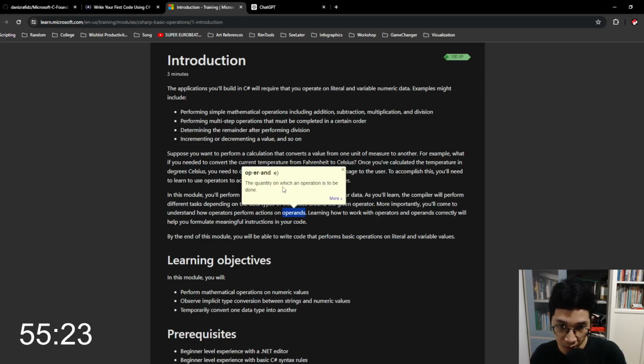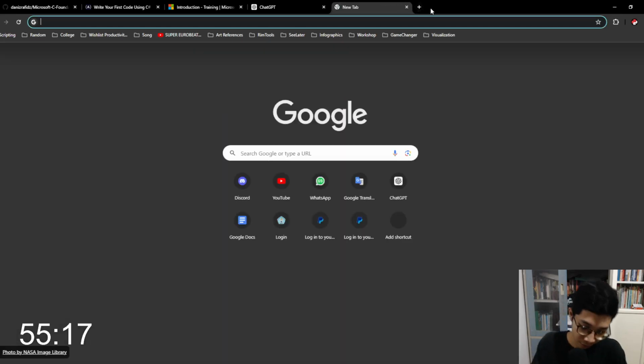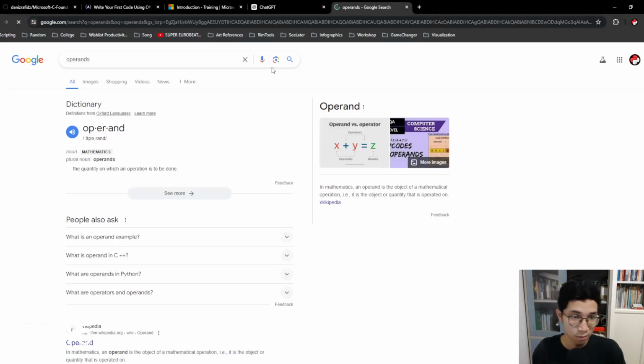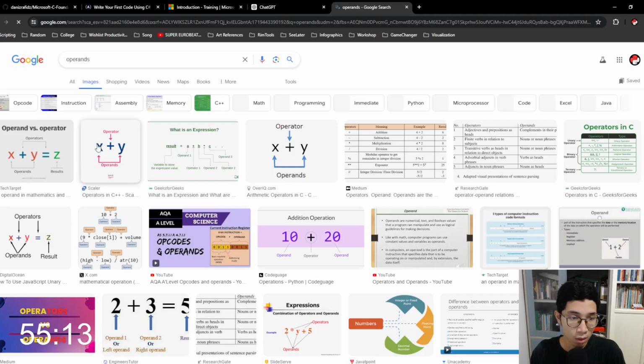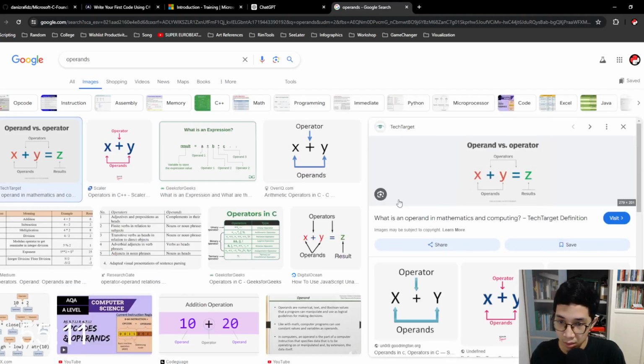Wait, what are operands? The quantity on which an operation is to be done. Wait, I forgot what this operand means. I see. Oh, this is the operand. It's something like a variable, but a bit different.